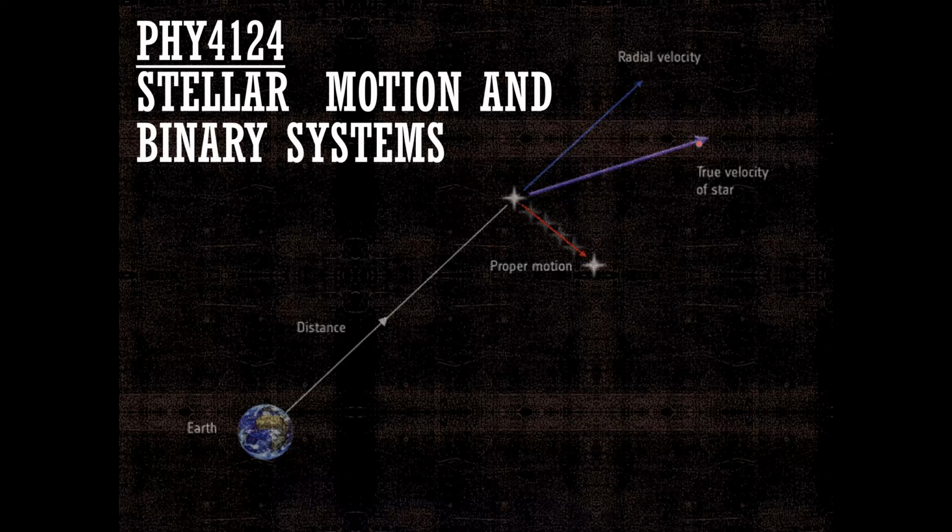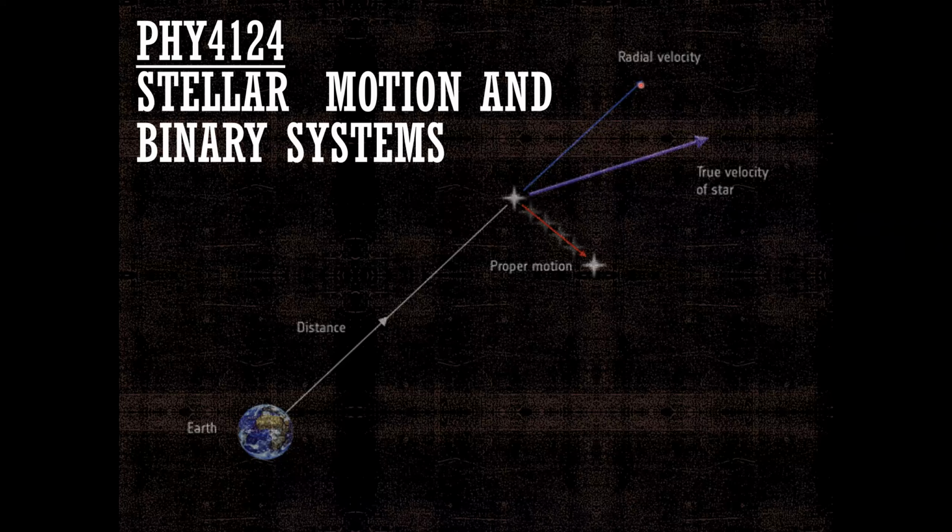So that's the true velocity of a star. But what we are normally measuring for a star is this angular movement across the sky, right? So this is called the proper motion of a star, right? And this one right here is whether the star is moving away from us or towards us, right? So that is called the radial velocity, right?